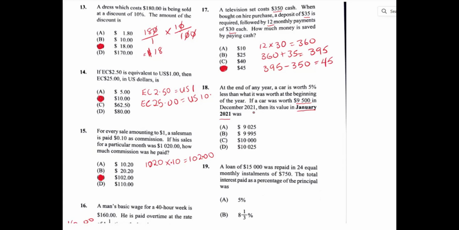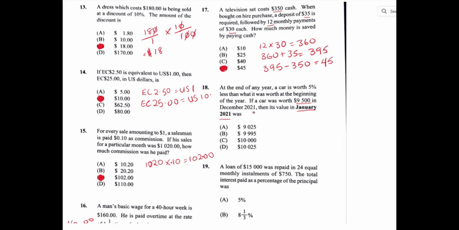So the value of the car at the beginning of 2021 would have been found by finding 95% of what the worth was in January.